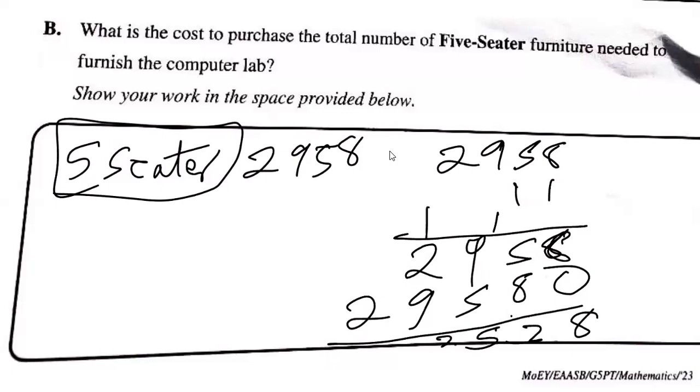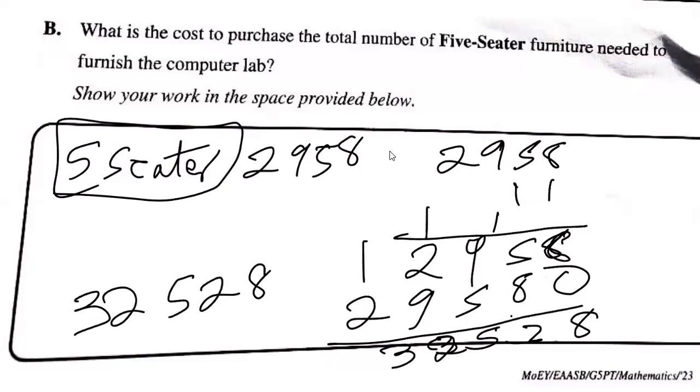Let's check again. 8 and 5, 3 carry 1, 5 carry 1, is 10. 9 and 10... that 12, so it's actually 32. So it's 32,528, that's the total for the 55 chairs.